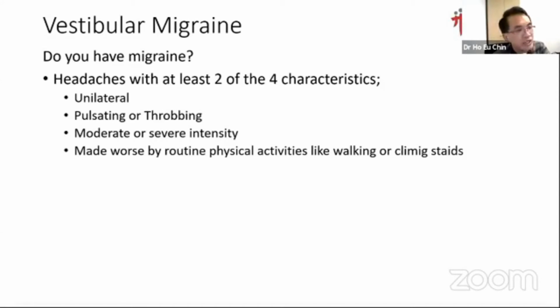Moderate means that you have the headache and you can carry on doing whatever you're doing. You are writing a report, you are preparing dinner, but you have to slow down. You are not functioning properly, not at your full level. So it impacts your ability to do your work, but you can still carry on. That is moderate. Severe means that you have to stop whatever you're doing.